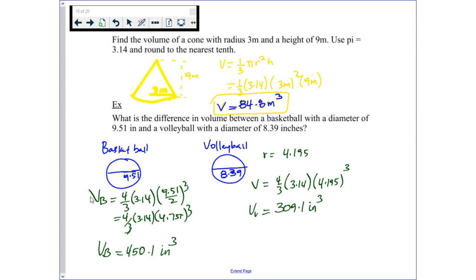So the difference between the two is 450.1 minus 309.1, which is 141 inches cubed.